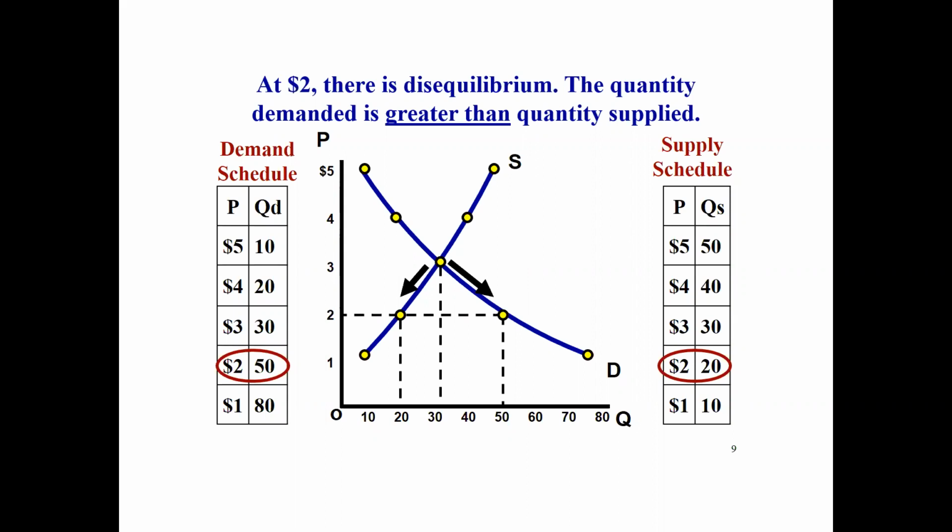So I'm going to give you like 15 seconds, and then I'm going to ask you, what do you think is going to happen to price in the long run? Increase, decrease, or stay the same? Don't type it in. Give everyone like 15 seconds to think.